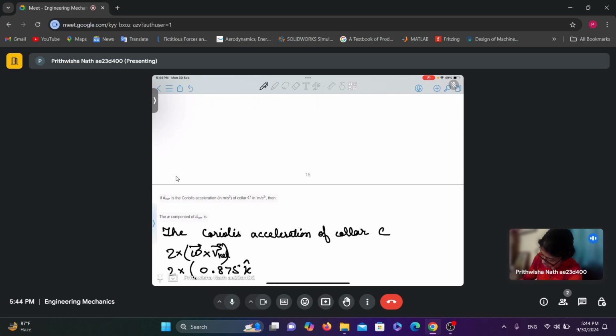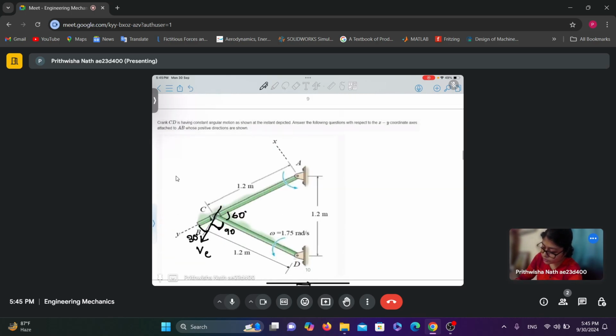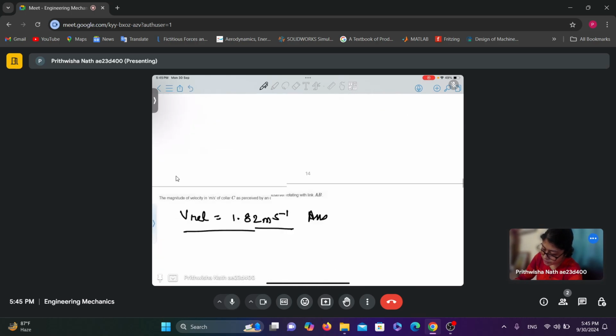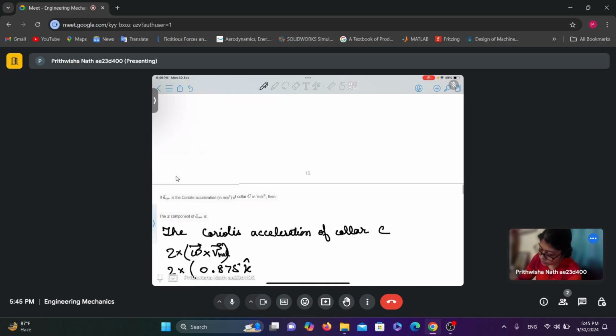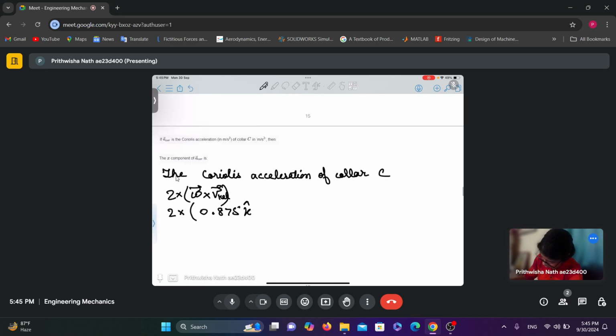And V relative is in the J direction. That is 1.82 J cap.